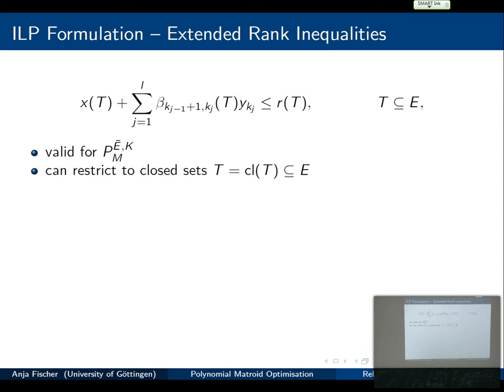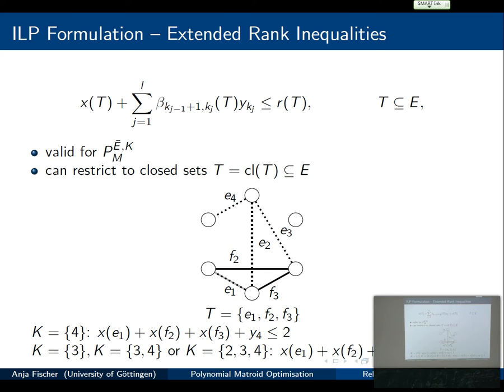So the first thing we have to show in principle would be that they are valid. One can check. Then one would expect this. We can restrict to closed sets because all others are implied by the closed ones. And some picture. So again, this would be our set T. We would have our edges. And now if we would have one large monomial of these 4 variables, we would get a coefficient 1 here.